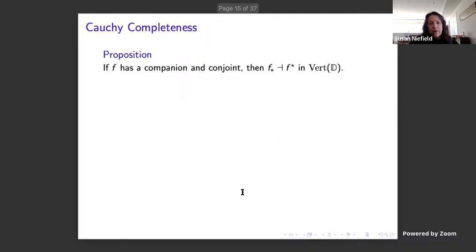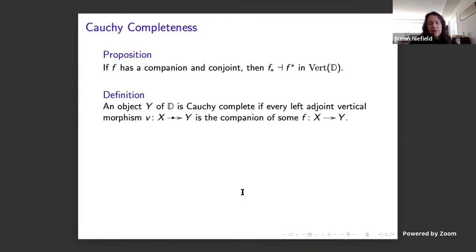Okay. So one can prove that if F has a companion and a conjoint, then F lower star is left adjoint to F upper star in the vertical bicategory of D. So that, I believe, is an exercise.